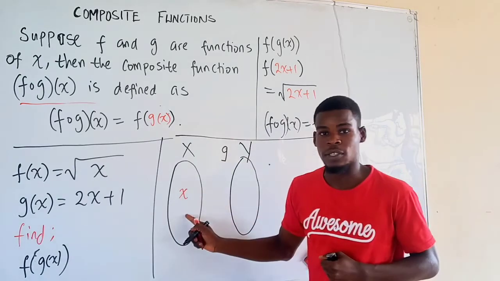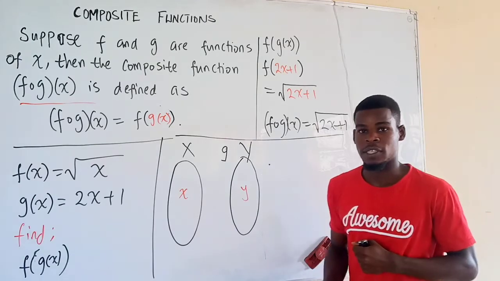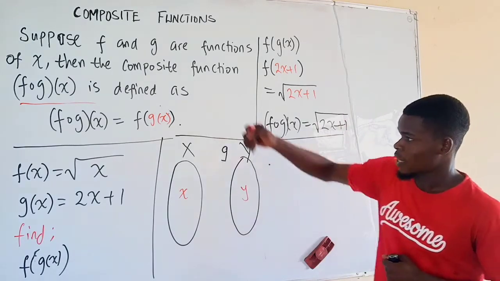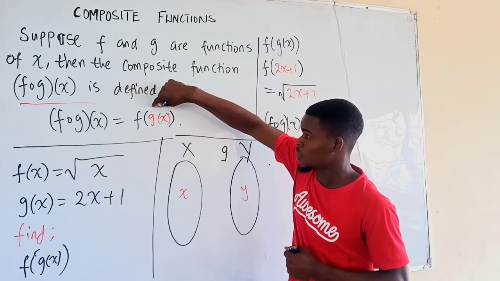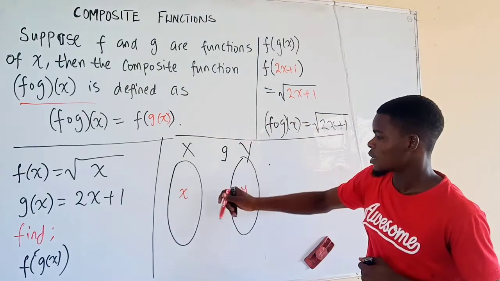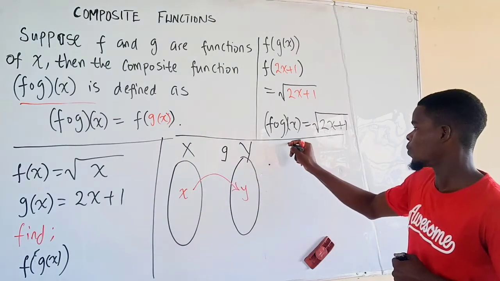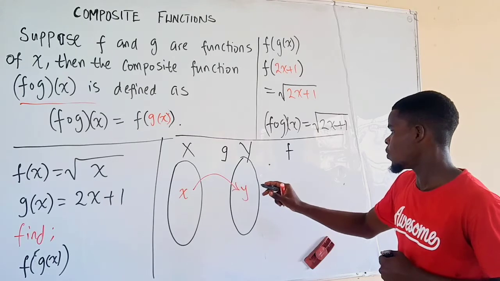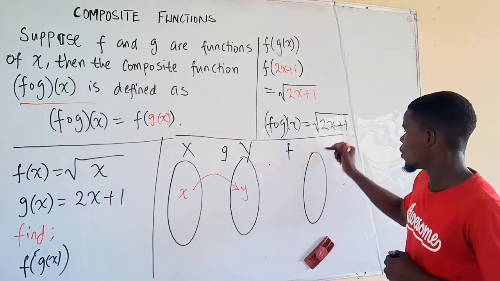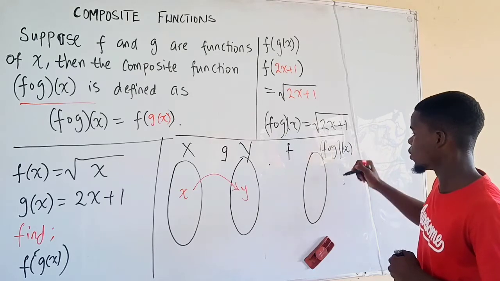It takes elements in the domain to the range set. So maybe we can call the element y. And then what does the function f do? The function will now act on the output of this other function. So this takes this to that. Now f will act on the output, which is this position, and transform it to this place we call f of g of x.